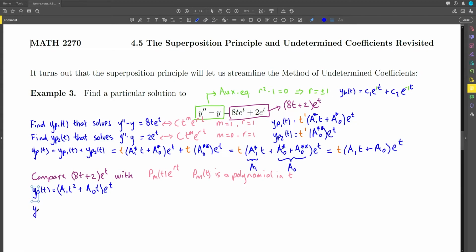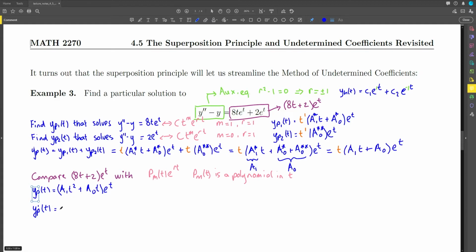And then I want to take a look at y_p prime of t, and that's a product rule. I'm going to let you check my work here.